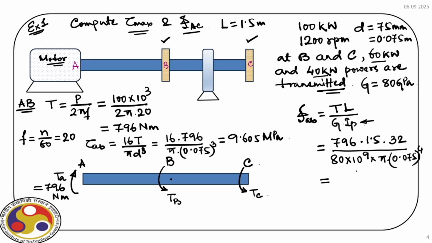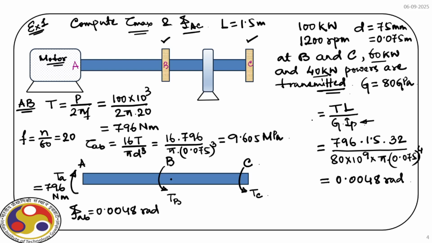Okay. So if you evaluate that, you'll get 0.0048 radian. So we get phi of AB is equal to 0.0048 radian.